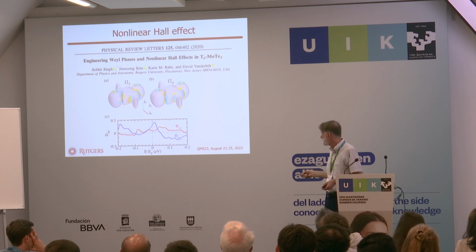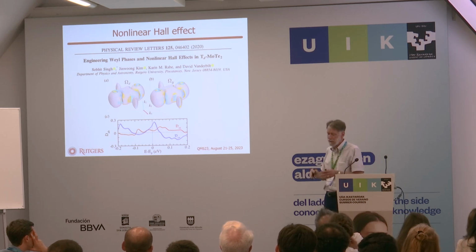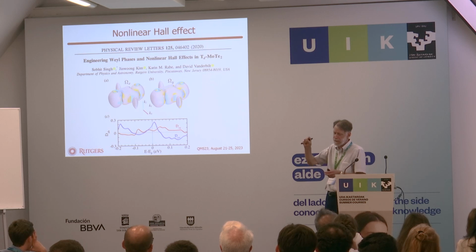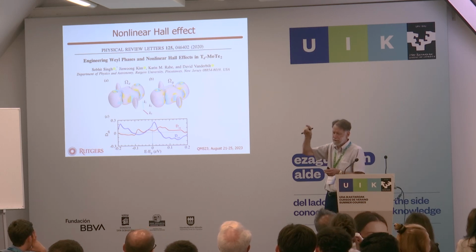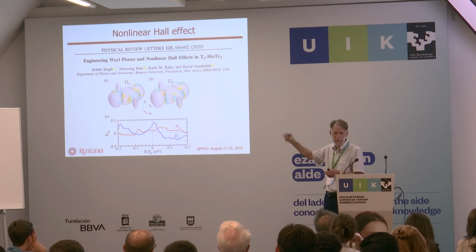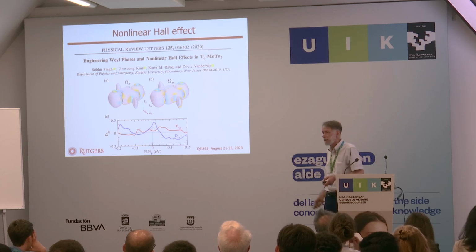And so it's a situation where you have to do a first principles calculation in detail, where you follow the band structure, calculate the Berry curvature at each point in the band structure, and it's just very complicated.